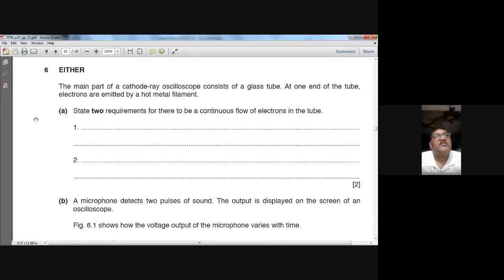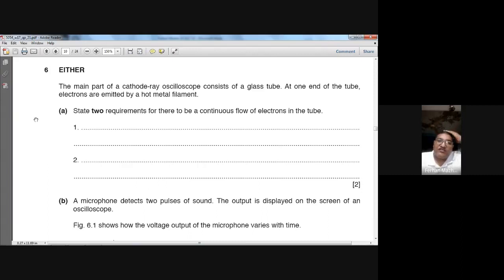Part A: state 2 requirements for there to be a continuous flow of electrons in the tube. When the electrons are generated by thermionic emission, we want the beam of electrons to go straight to the screen. We want electrons to accelerate and reach the screen of the CRO. For this purpose, we have two arrangements. One is an anode.